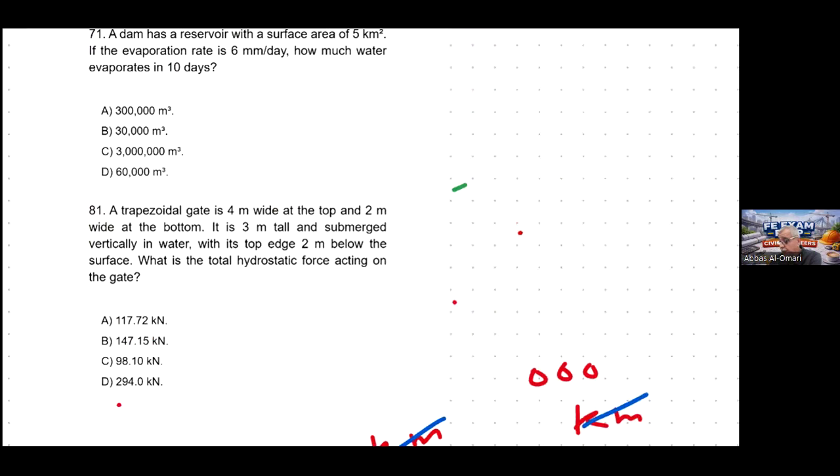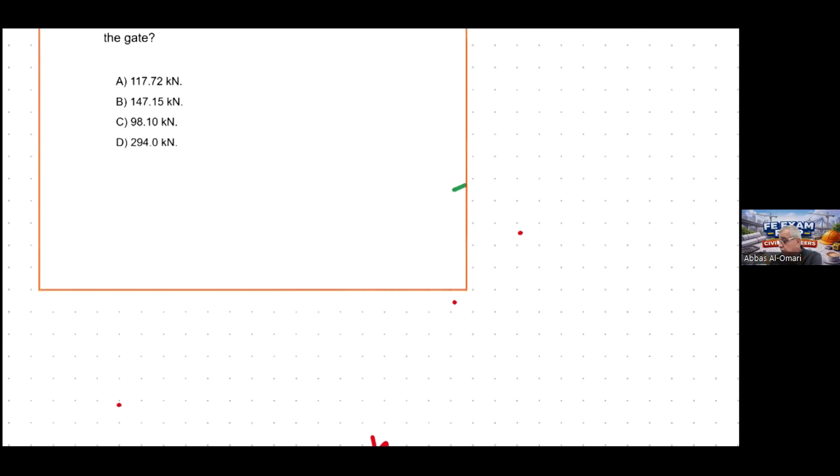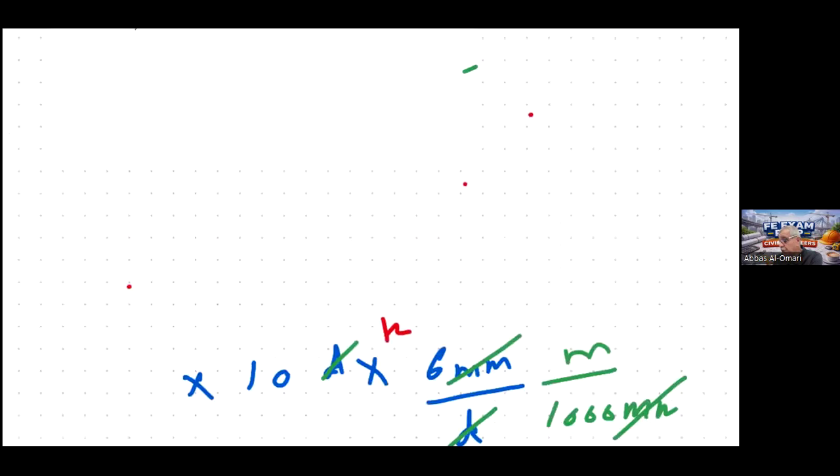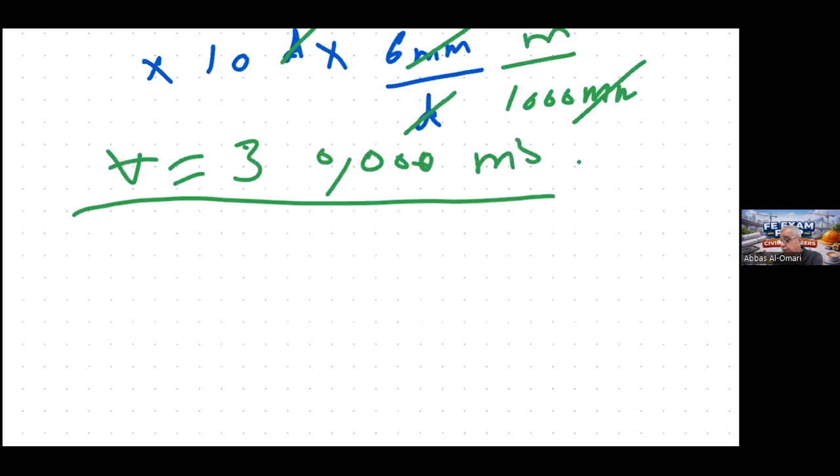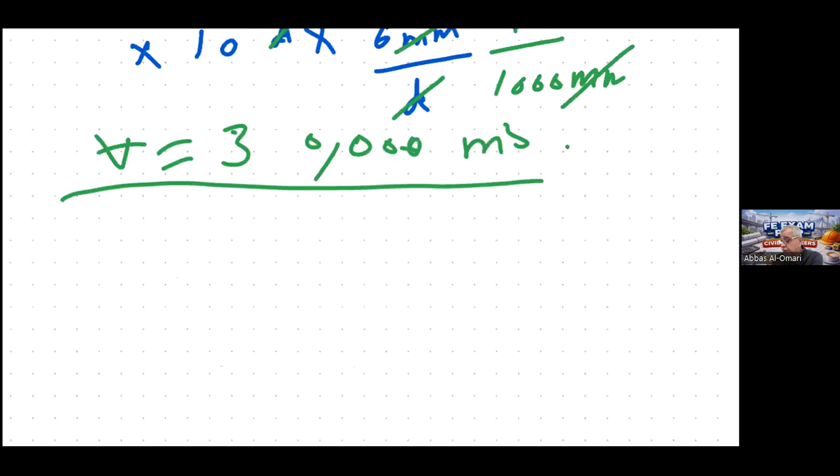So we have a trapezoidal gate, we have the dimensions of the gate. So the gate is 4 meters, the top width, and 2 meters. This is the gate, and 2 meters.